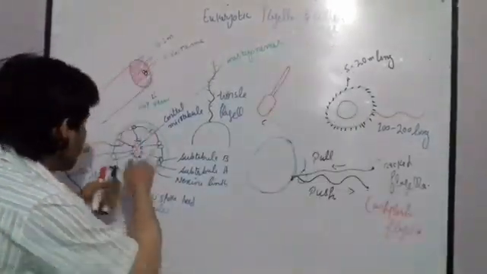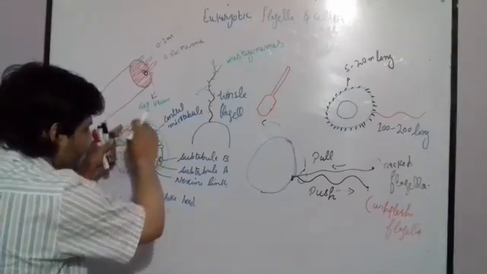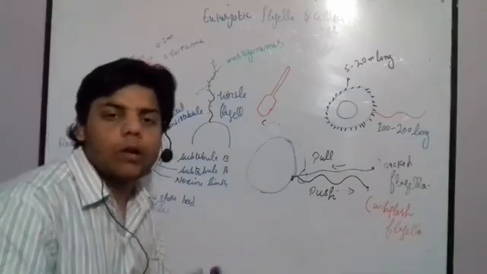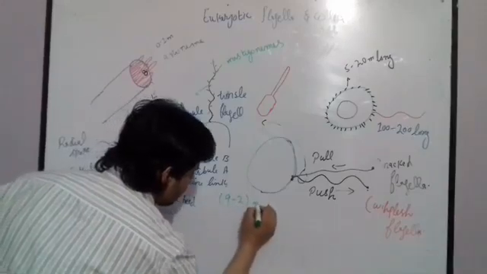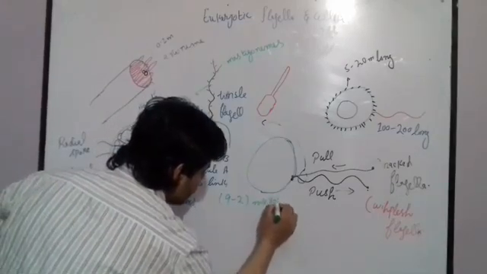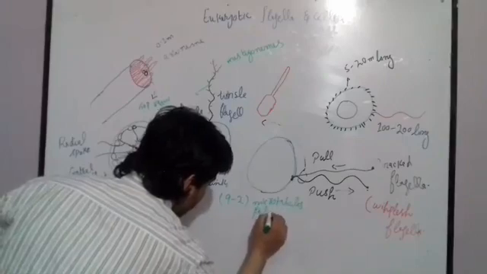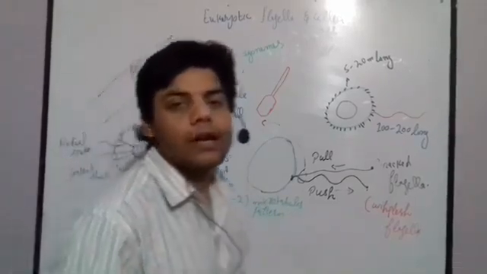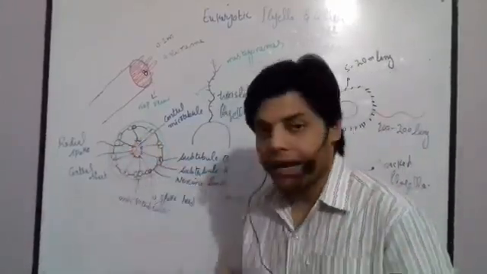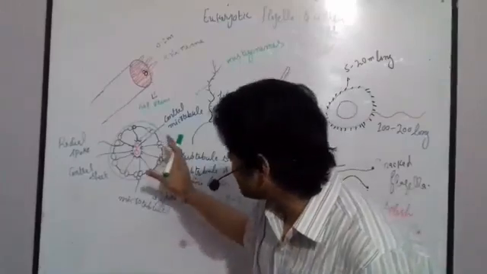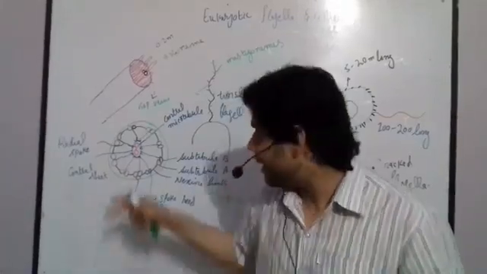All this pattern, the central pair of microtubules and the 9 pairs of tubules, we also call the 9+2 microtubule pattern. Why do we call it the 9+2 microtubule pattern? Because first, there are 9 pairs of tubules, and next, the 9 pairs are connected with the central microtubule pair, which is the 2.